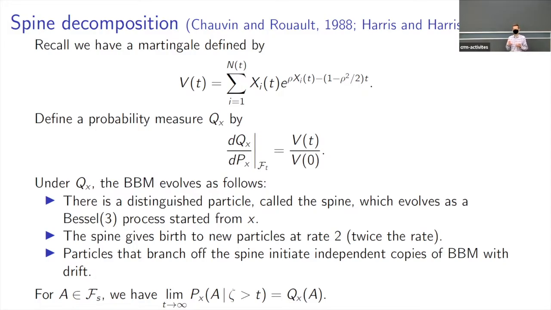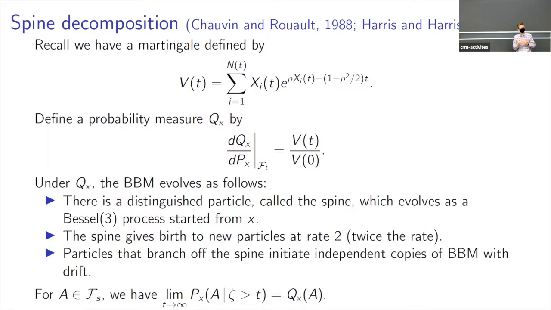So then one can ask, how does the branching Brownian motion evolve under this new measure Q? Well, it turns out to evolve in the following way. There's a distinguished particle, which is called the spine, which evolves as a 3-dimensional Bessel process started from x. So the 3-dimensional Bessel process is the distance from the origin of 3-dimensional Brownian motion.